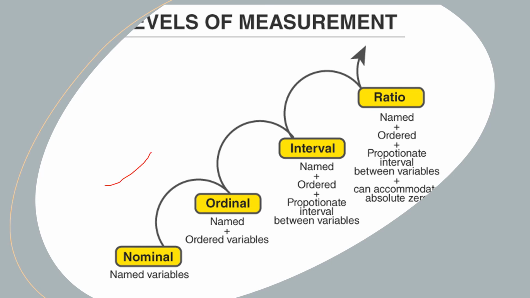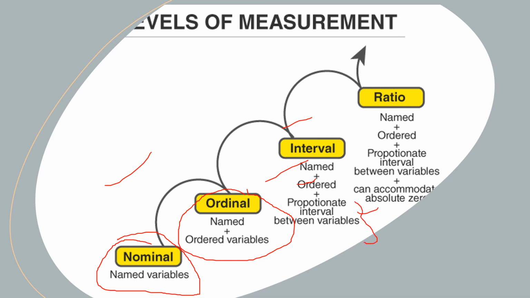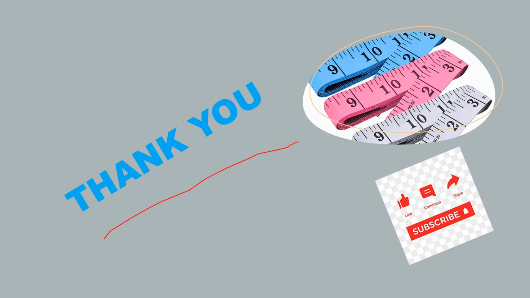Nominal is related to the named variable. Ordinal is named plus order. Interval is named, order, and proportionate interval between the variables. Ratio deals with named, order, proportionate interval between variables, and of course it includes the absolute zero. These are the ideas about the scales of measurement.